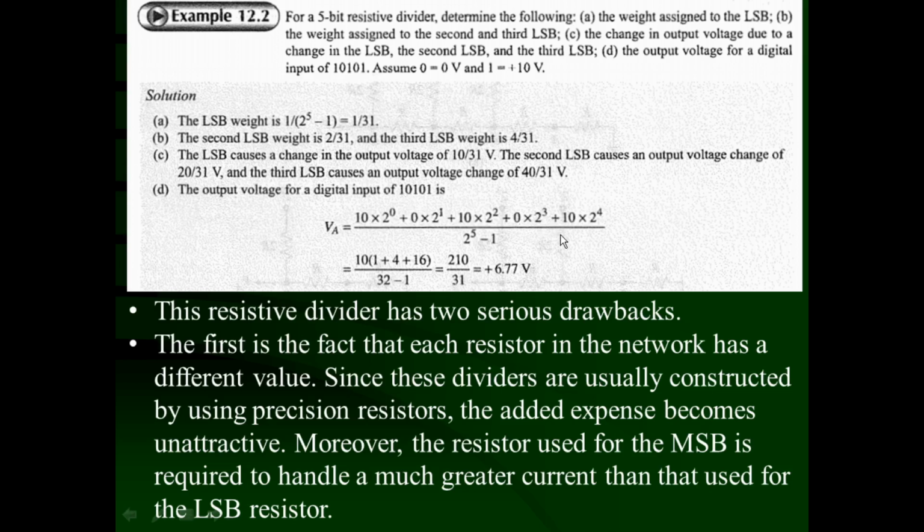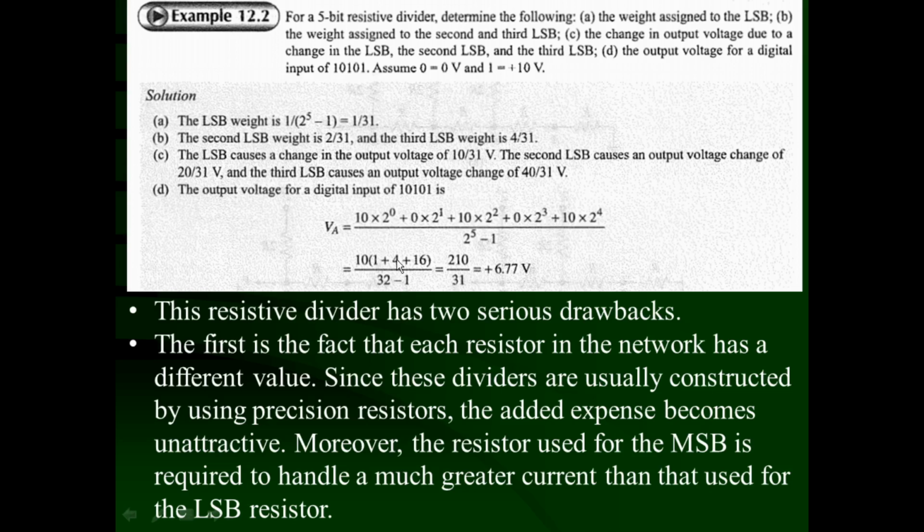MSB is going to be 1. So, 10 into 2 raised to 4 upon 2 raised to 5 minus 1, since the number of bits is 5. So, 10 is going to be taken common. Wherever 0 is there, that position weight we do not consider. So, this position weight is going to be 1, this position weight is going to be 4, and this position weight is going to be 16.